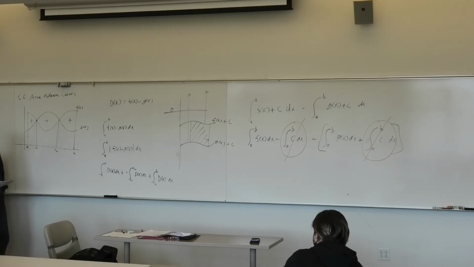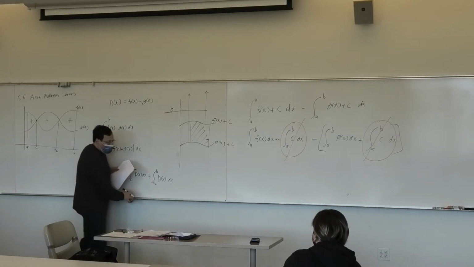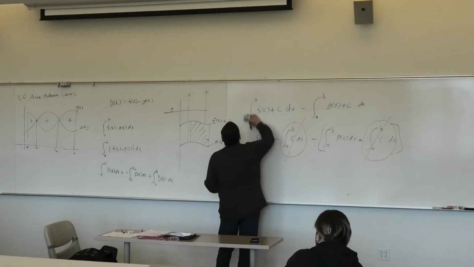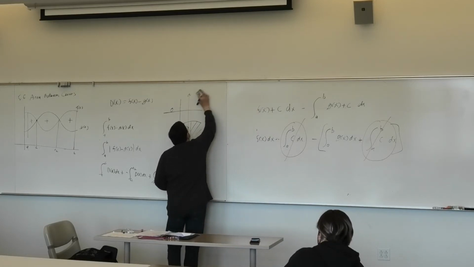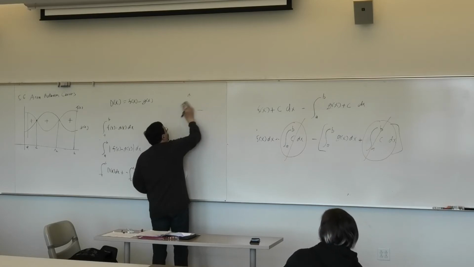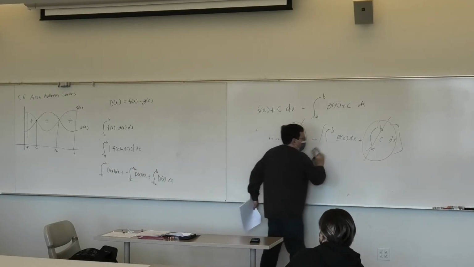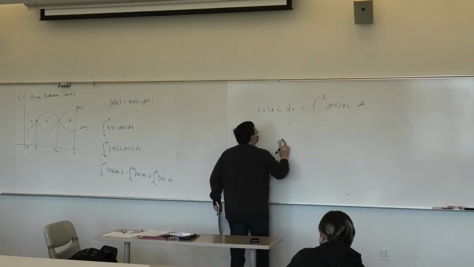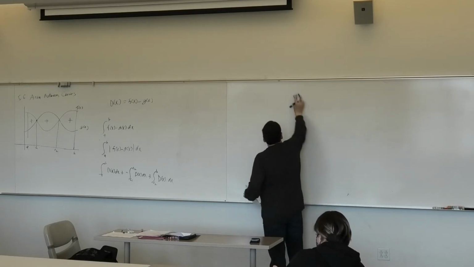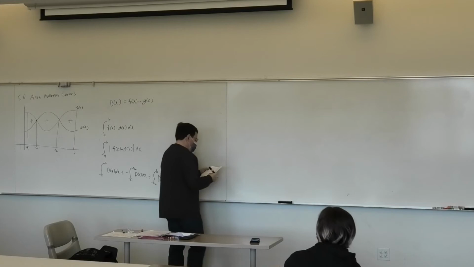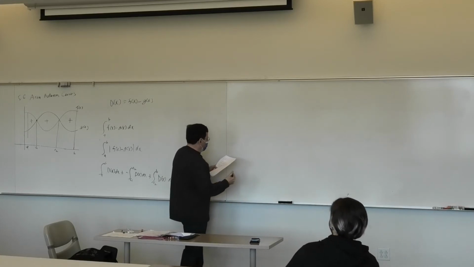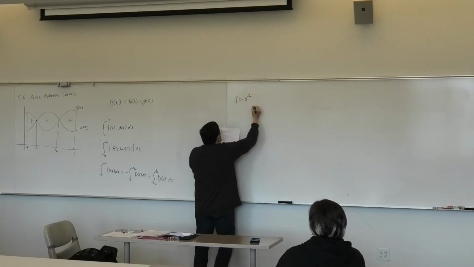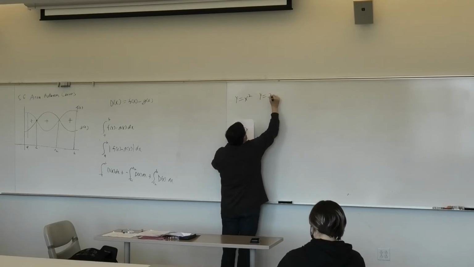All right, well, I guess we should try a problem like this, just see how it looks. So here's a typical problem. Find the area enclosed by y equals x squared and y equals 2x minus x squared.